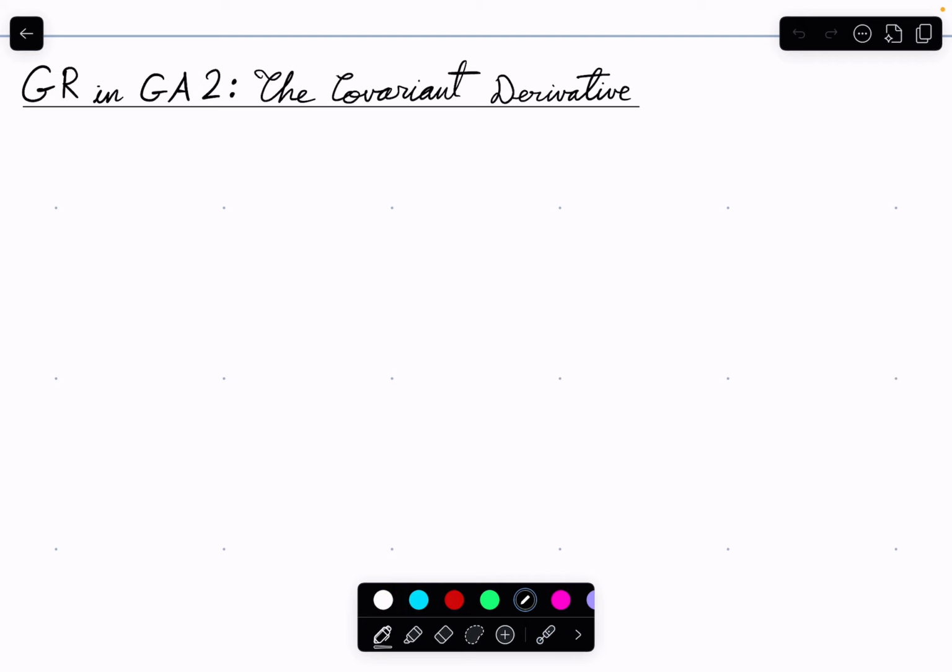Since general relativity deals with curved manifolds, that is curved spacetime, there must be a derivative operator which accounts for said curvature. This derivative operator is called the covariant derivative. The operator should have the following form.